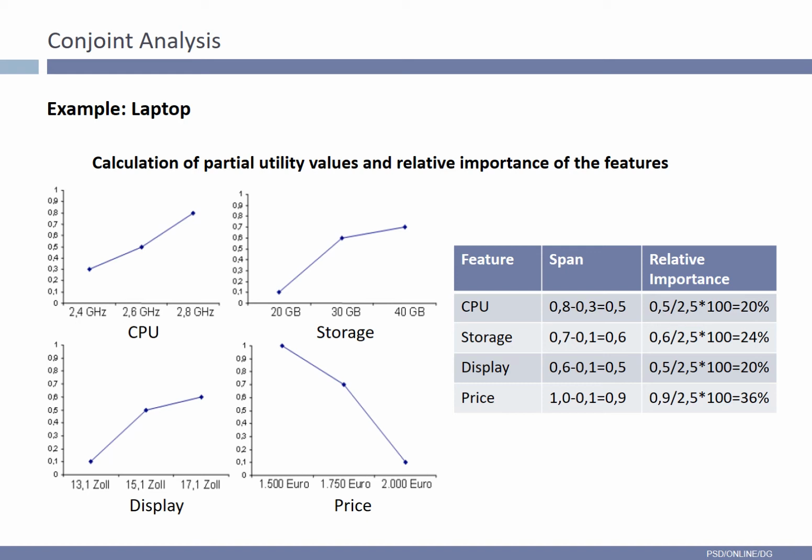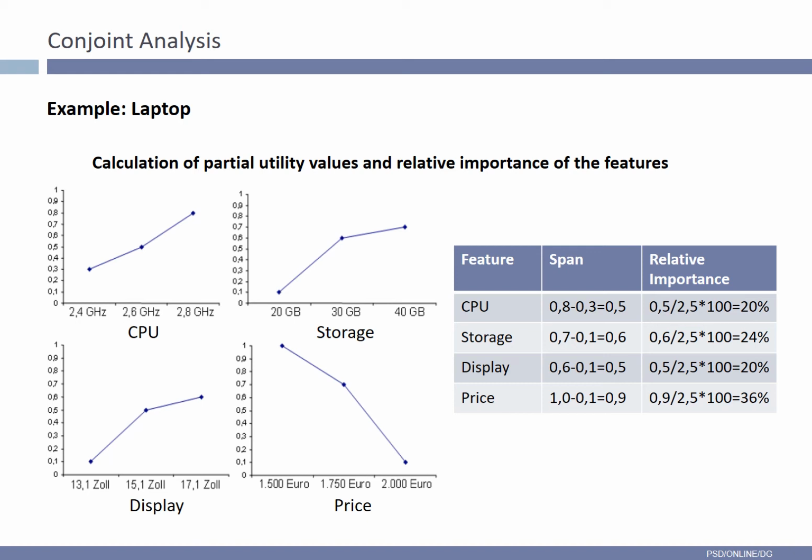So for the price, you have a range from 0.1 to 1. So 0.1 for 2,000 euro and 1 for 1,500 euro. And so you have a total span of 0.9.